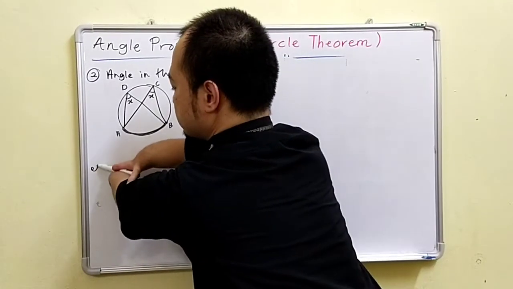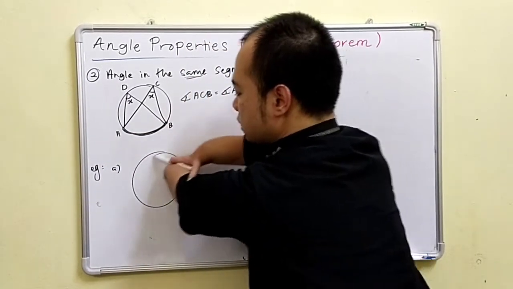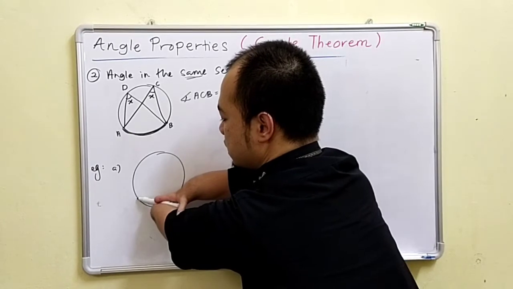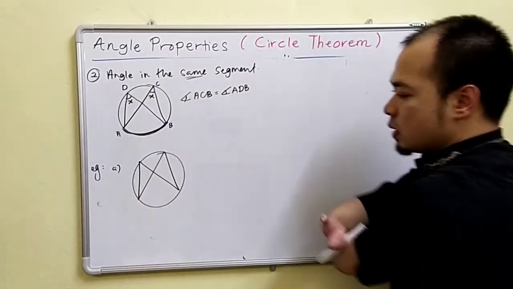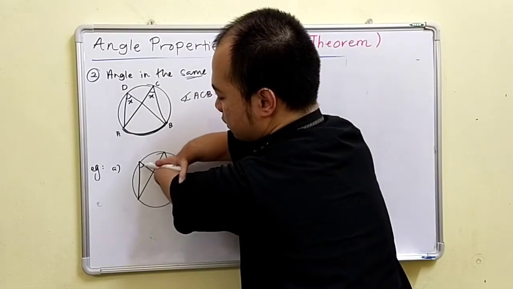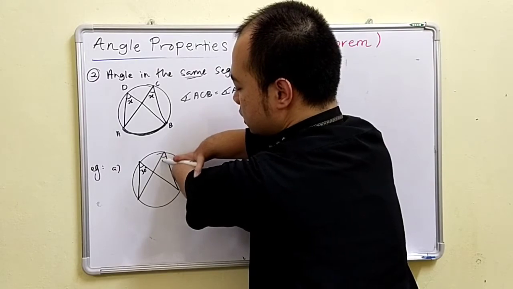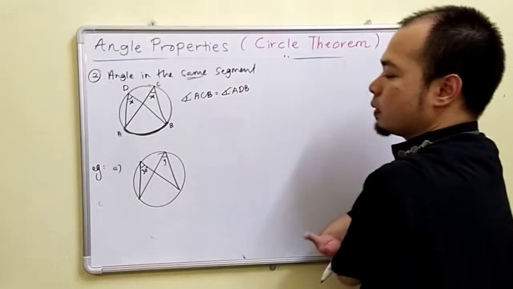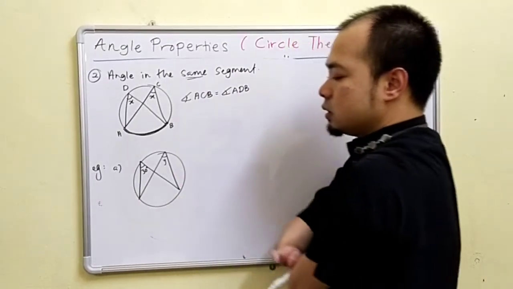Example, let's say the question gives something like this. Over here is 30 degrees, over here is y. Find the value of angle y.